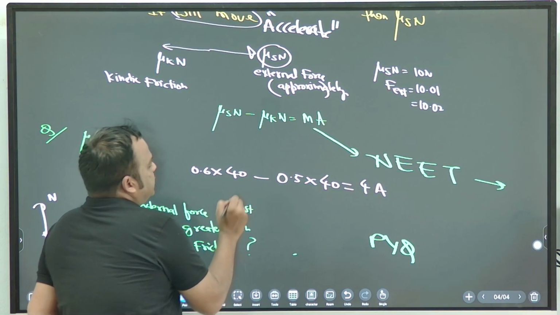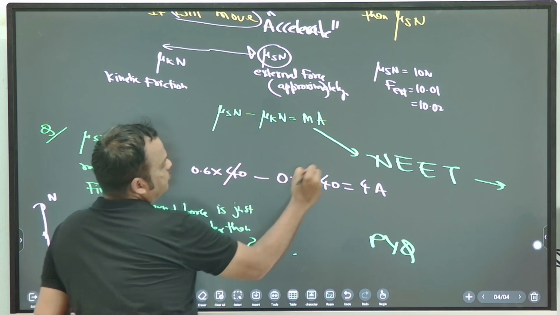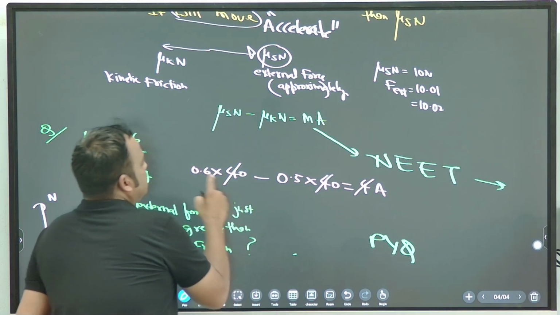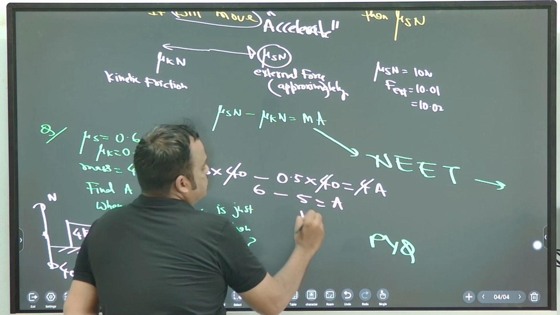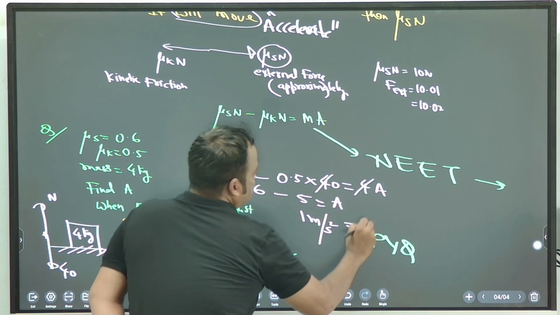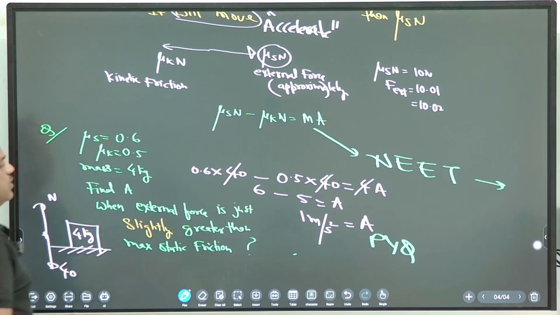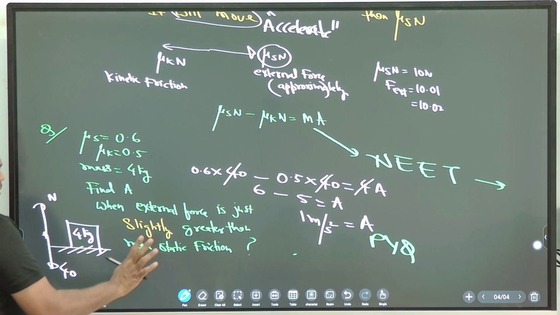Mass into acceleration. So 4, 4, 4 cancel. So 6 minus 5, so 1 meter per second square. Acceleration is 1. Clear? Done.